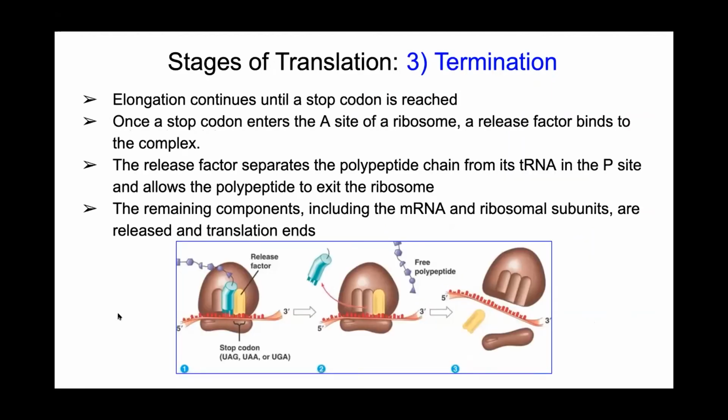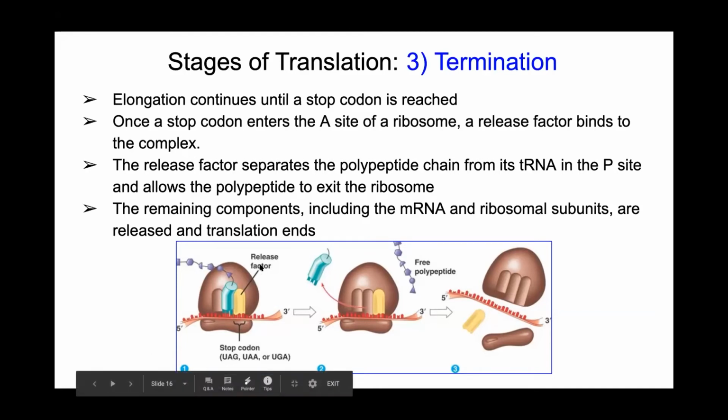And now is the termination of the cycle. After we produce the amino acid chain, it stops at either UAG, UAA, or UGA, the stop codons. Once a stop codon enters the A site of the ribosome, a release factor binds to the complex.